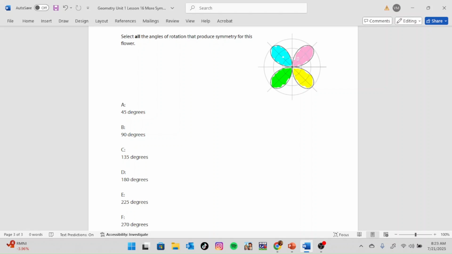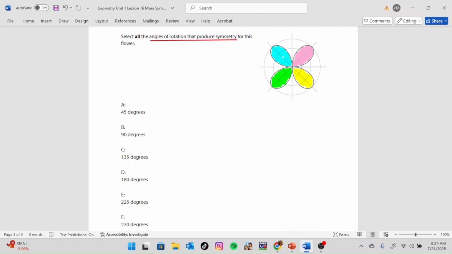So if we are going to have angles of rotation that produce symmetry, then we're going to need to take 1 petal to each of the other 3 petals.